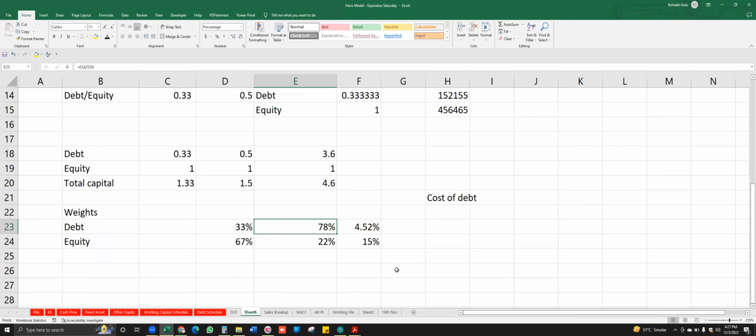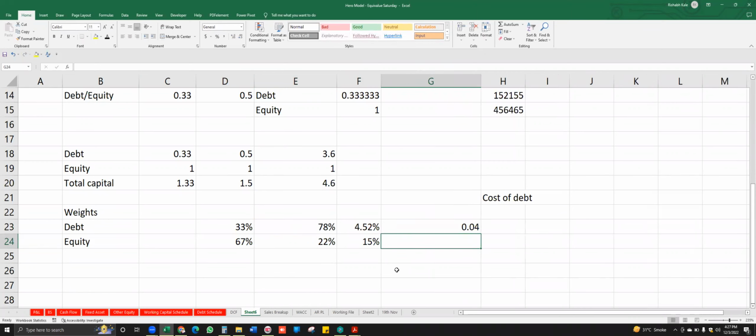How do you find back? This is your weight into this plus for 1, and then again this into this. So your WACC is 7%.